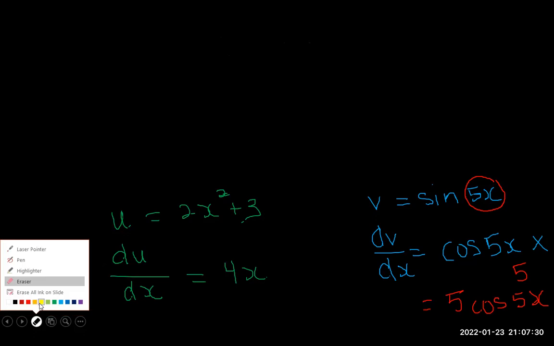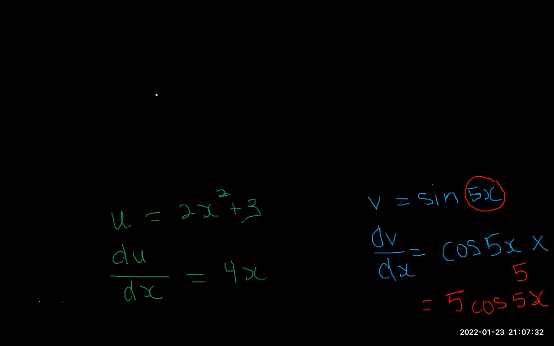Somebody just remind me, what's the product rule? u dv over dx plus v du over dx. Exactly. So u in this case is 2x squared plus 3, dv on dx is 5 cos 5x.